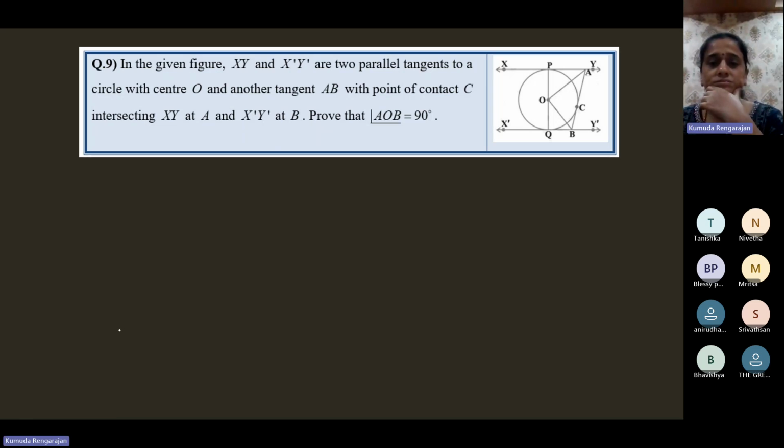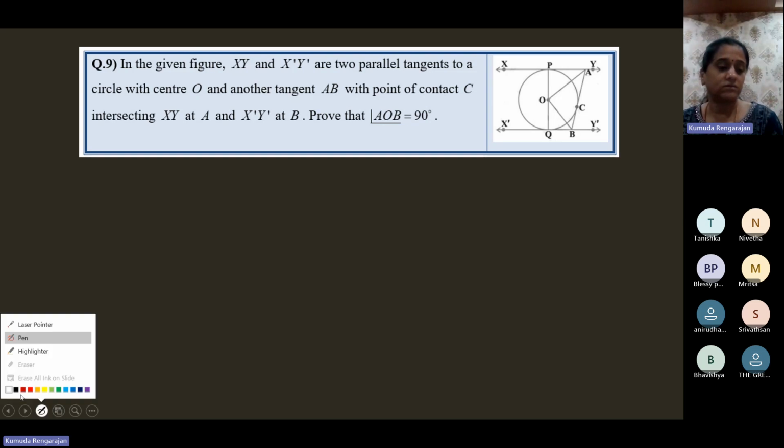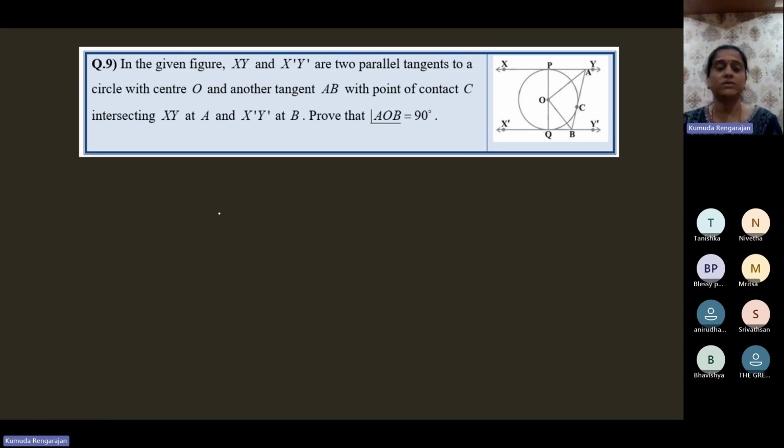So here again, the diagram may be given, may not be given.